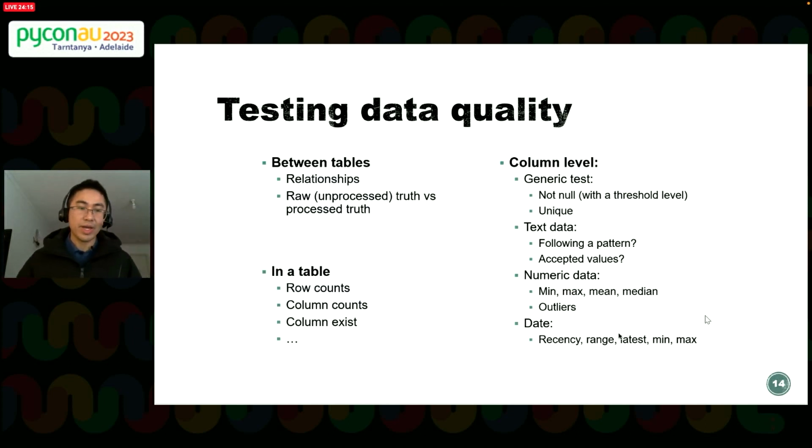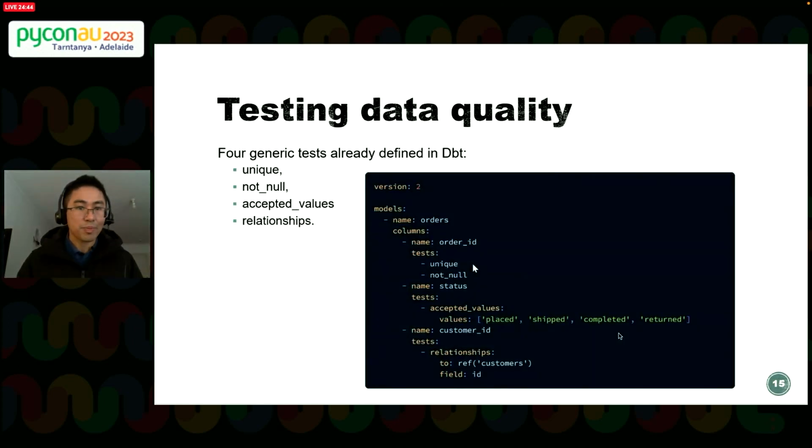And if we have a date in the table, we can test the recency and the range as well. In addition to that, we can have generic tests on whether the column is not null or is unique. So we can use different dbt packages to test all of these kinds of things in our data pipelines.